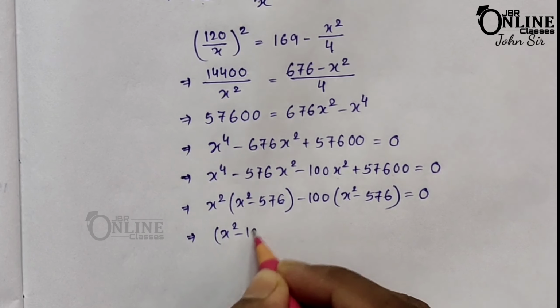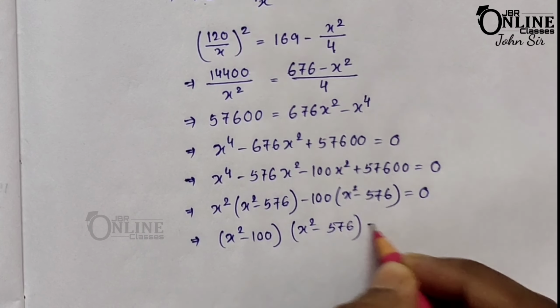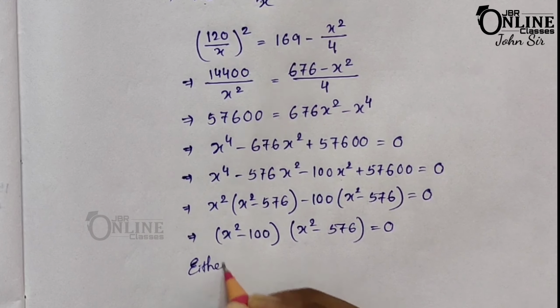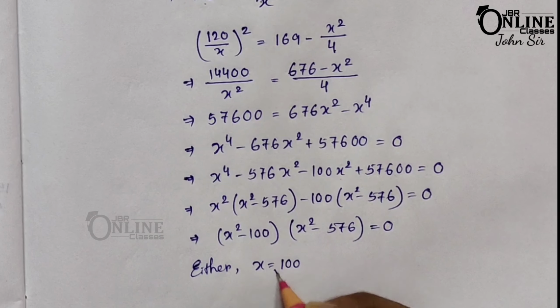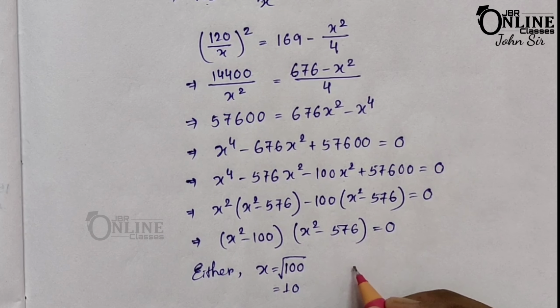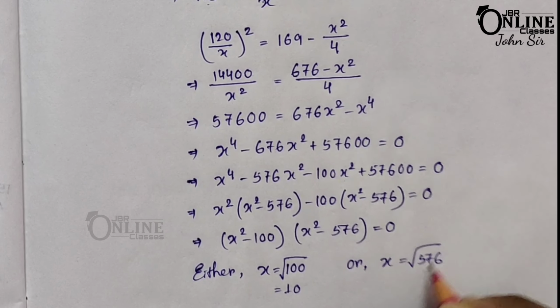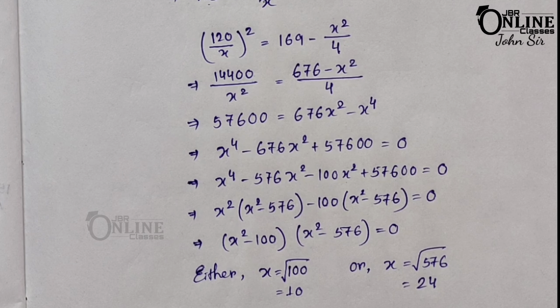So (x square minus 100) into (x square minus 576) equal to 0. That means either x square equal to 100, so x means root 100, that means 10, or x square equal to 576, so x means root over 576, and that equal to 24. Clear? Now that means here the base will be either 10 or 24, any one.